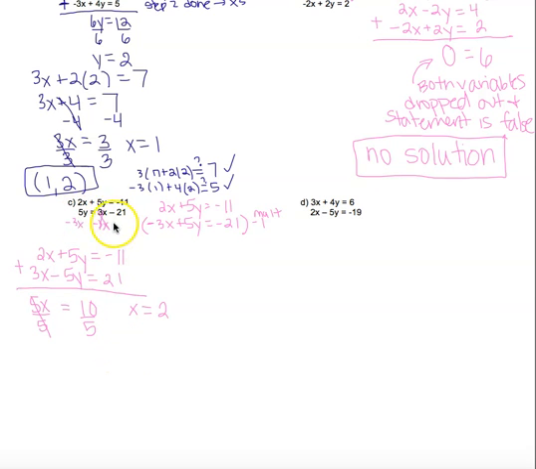So I'm just going to use the bottom one here since the y is closer to being alone. So I do 5y equals, I'm substituting 2 for x, so 3 times 2 minus 21. So 3 times 2 is 6, and 6 minus 21 is negative 15.